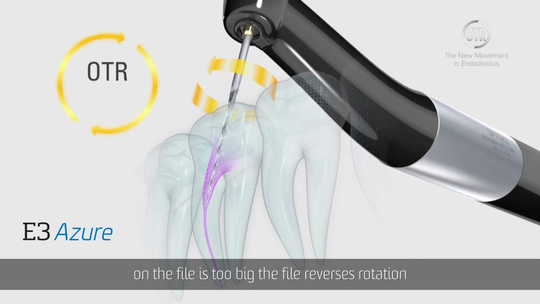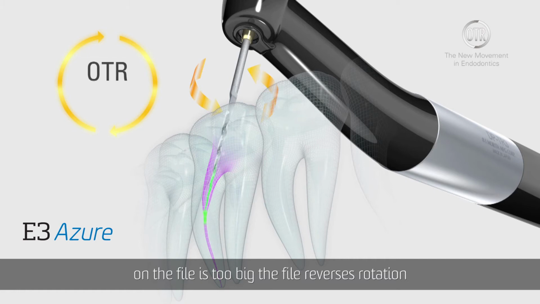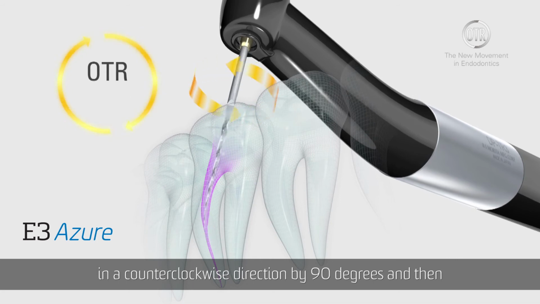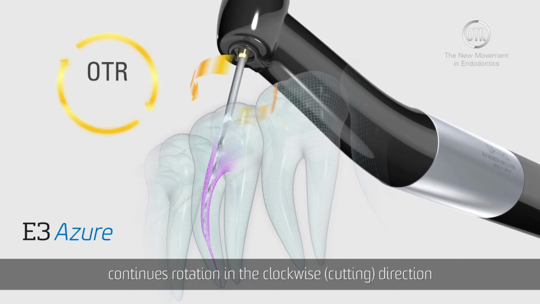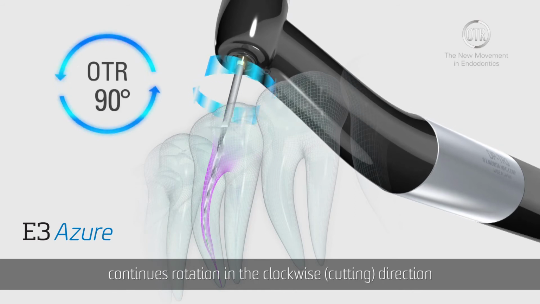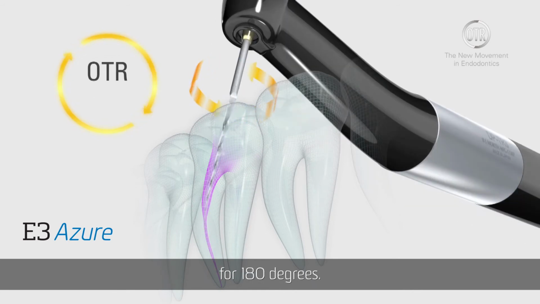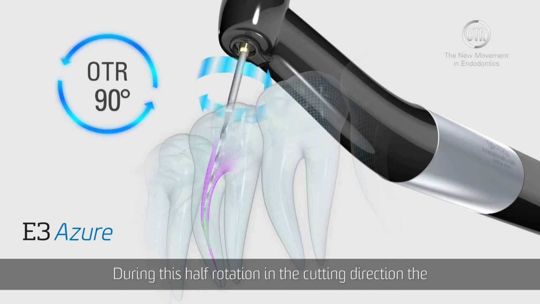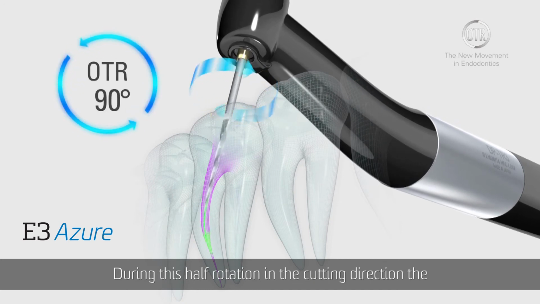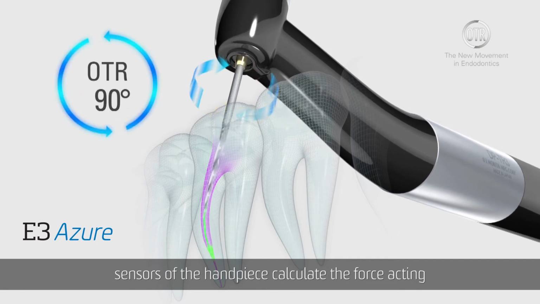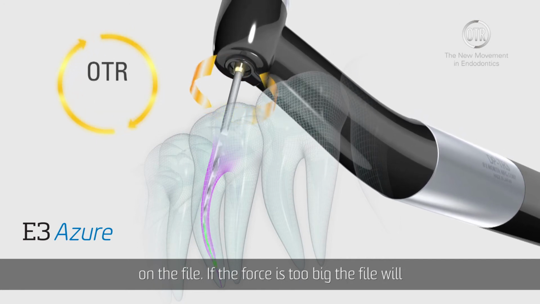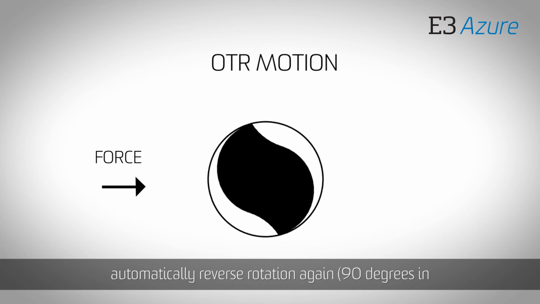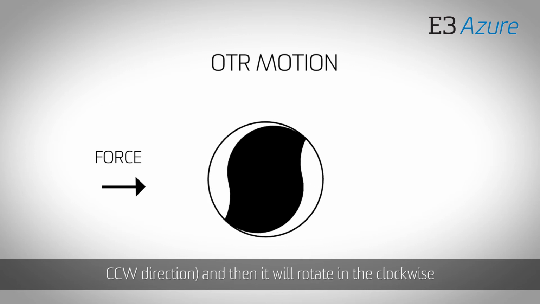When the force acting on the file is too big, the file reverses rotation in a counterclockwise direction by 90 degrees, and then continues rotation in the clockwise cutting direction for 180 degrees. During this half rotation in the cutting direction, the sensors of the handpiece calculate the force acting on the file. If the force is too big, the file will automatically reverse rotation again, 90 degrees in counterclockwise direction.